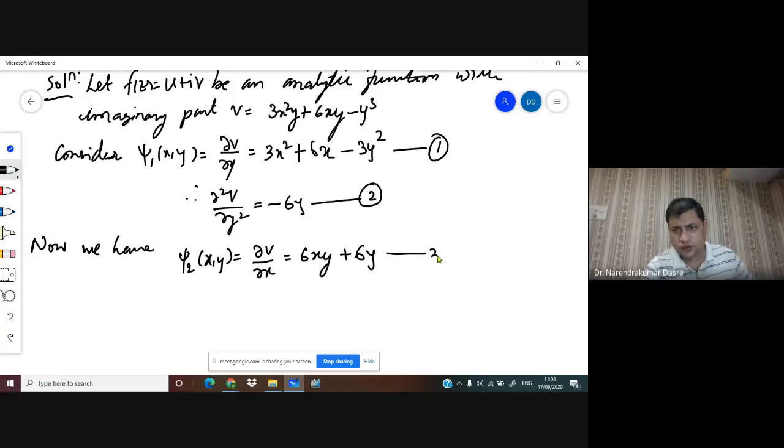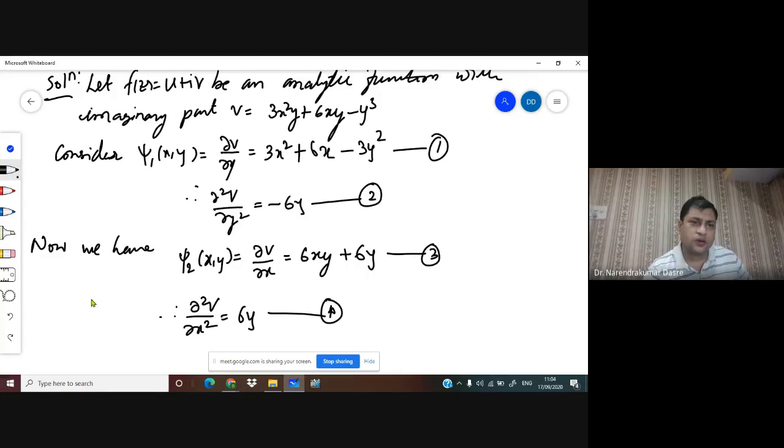Okay, so this is equation 3. And we want to find the second order derivative with respect to x. So ∂²v/∂x² = 6y. So this is equation 4.